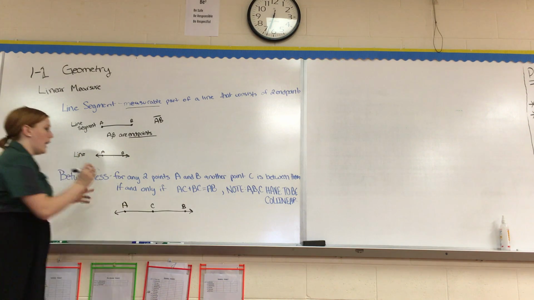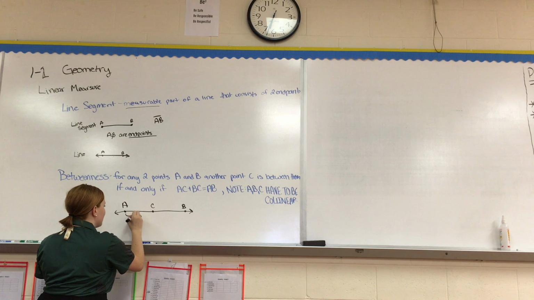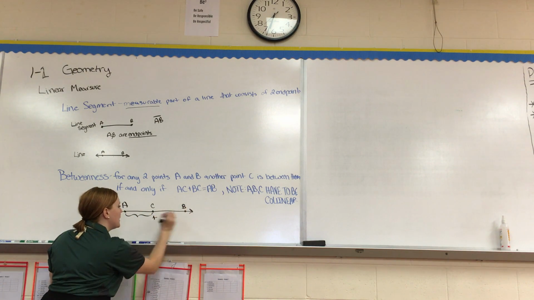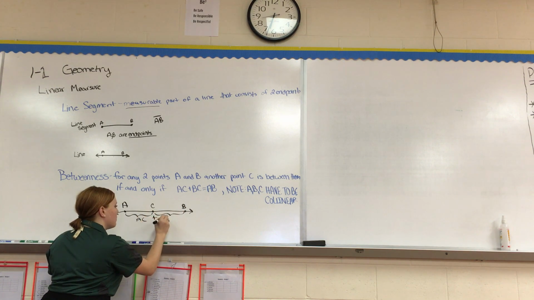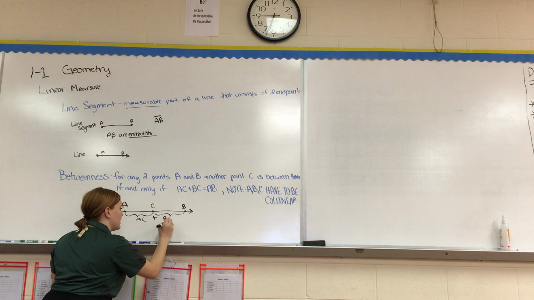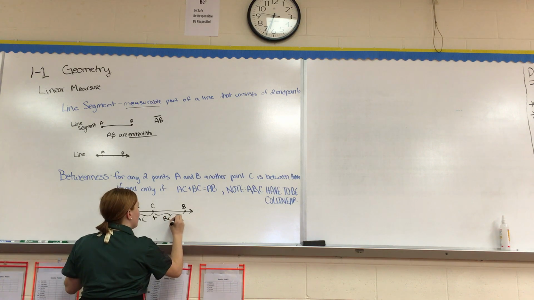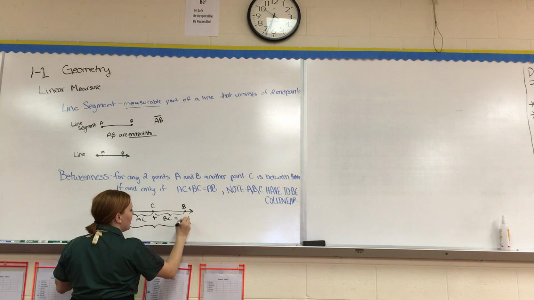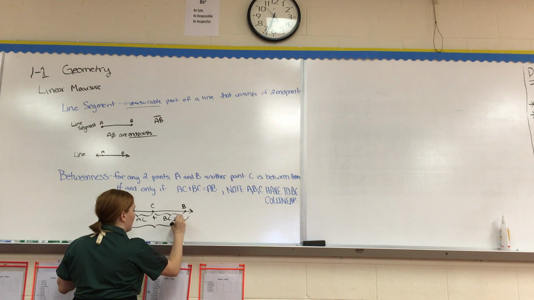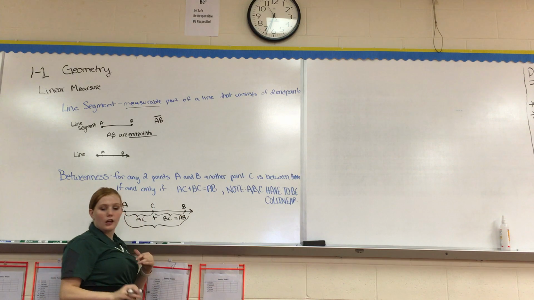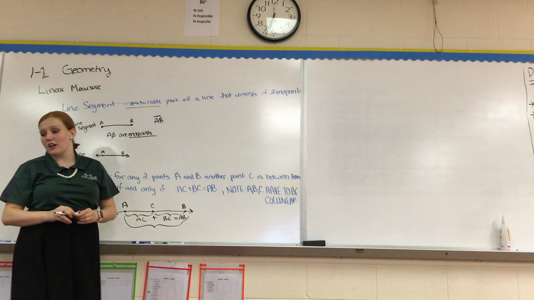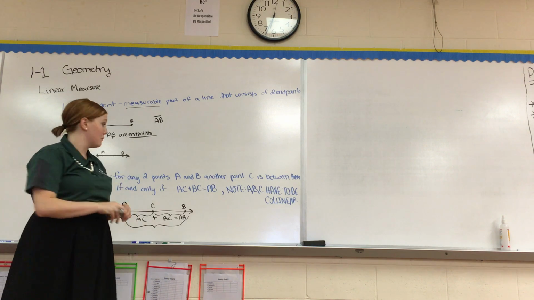If and only if AC, this little section, plus BC, this little section, equals the entire thing, which is AB. You are probably familiar with this.